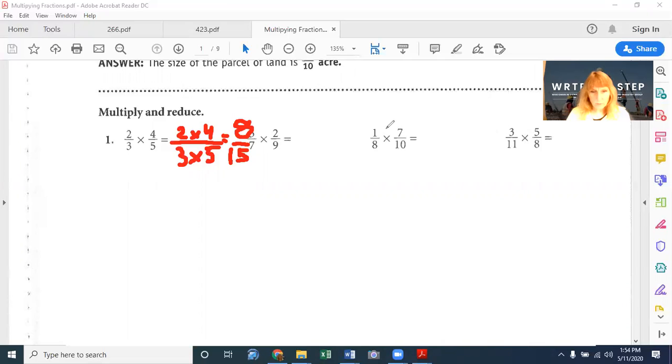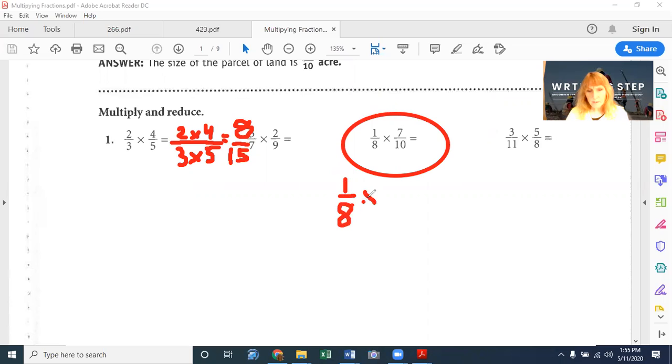Actually, I'm going to skip to the next one over here because we don't have to do the whole row. I want to get to some of the harder ones, but let's try this one: 1/8 times 7/10. I'm just going to rewrite it down here so we have a little more space. You simply multiply the top numbers together: 1 times 7 on top, and 8 times 10 on the bottom.